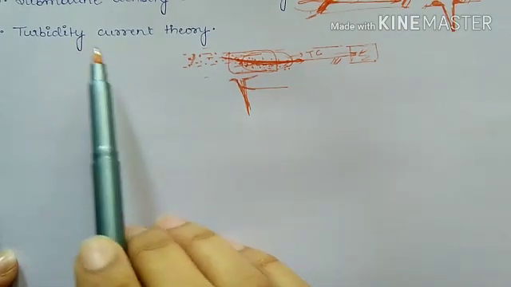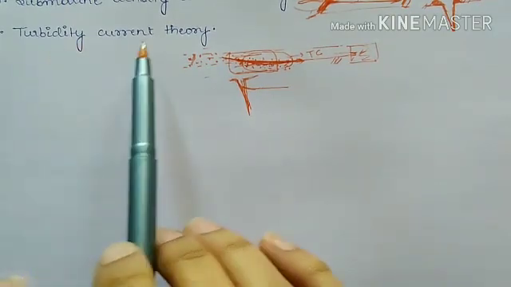Now many critics have doubted the efficiency of turbidity currents to form submarine canyons, because according to them the velocity of these currents is not such that they can powerfully erode the hard rock of continental shelves to form canyons. So this is the criticism of the turbidity current theory.